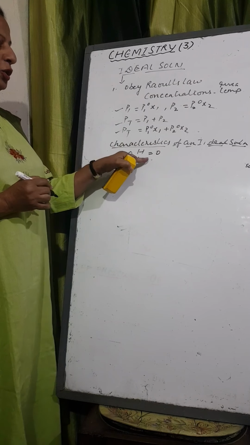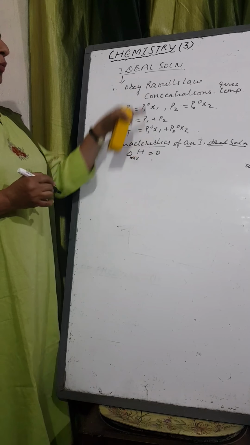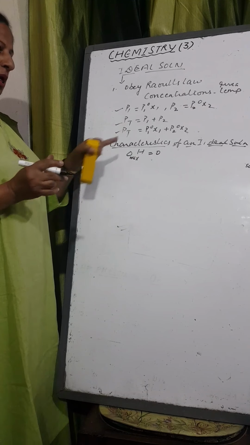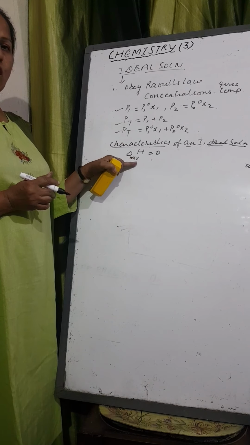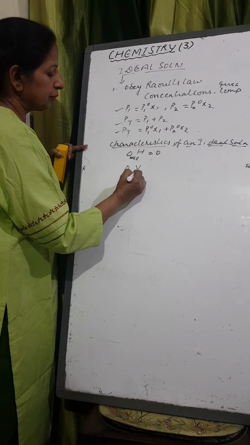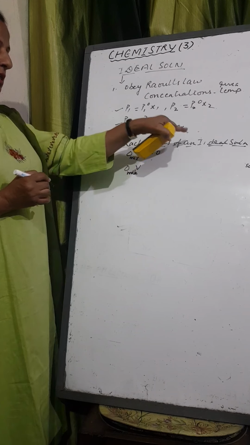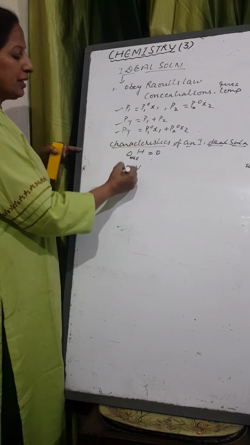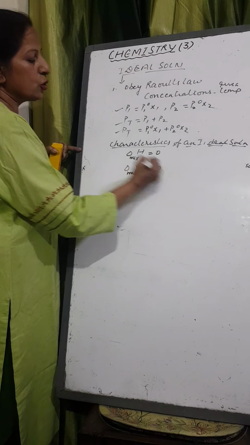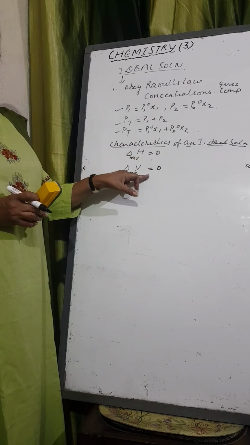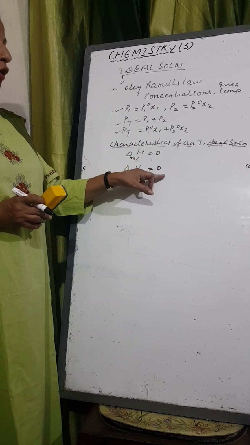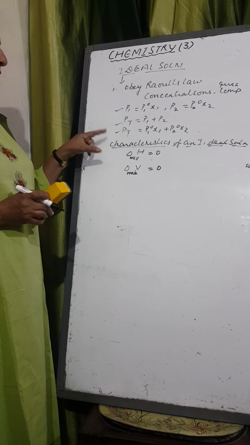Means there is no change in the enthalpy when an ideal solution is formed. Neither the heat is absorbed nor the heat is released. Also, there is no change in the volume of the liquid when such solutions are formed. That is, del V mixing is also 0. Means neither the volume is increased nor decreased.